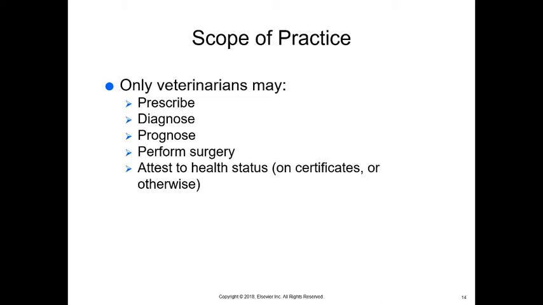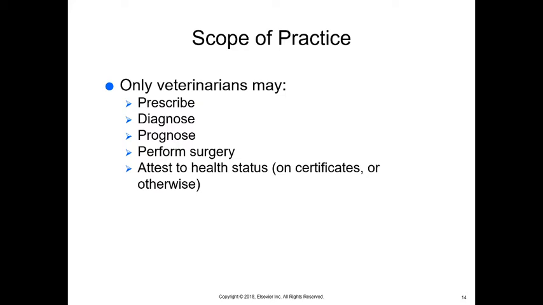When a friend says, my dog stepped on a nail, what do I do? You cannot say, put some Neosporin on it. That is prescribing medication. You cannot diagnose it. Oh, it's a puncture wound. Of course you know it's a puncture wound, but you can't diagnose that it's a puncture wound. You cannot diagnose that it's an infected puncture wound because he stepped on a nail. That's not in your scope of practice.